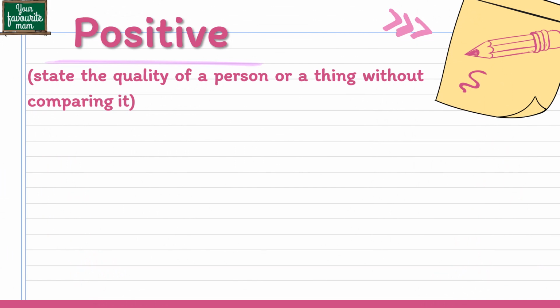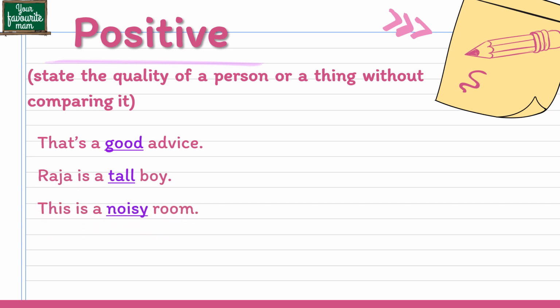So firstly, the positive form of adjective states the quality of a person or a thing without comparing it with anyone or anything else. For example, that's a good advice. So good here is the primary form of adjective, and we're not comparing this advice with any other advice. Raja is a tall boy. This is a noisy room. There is clean water.